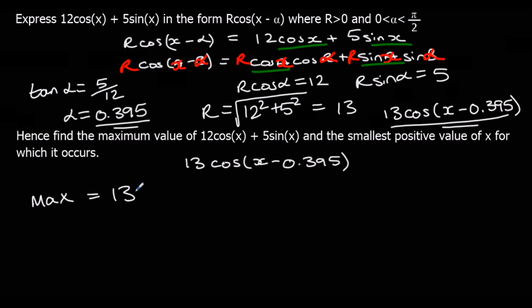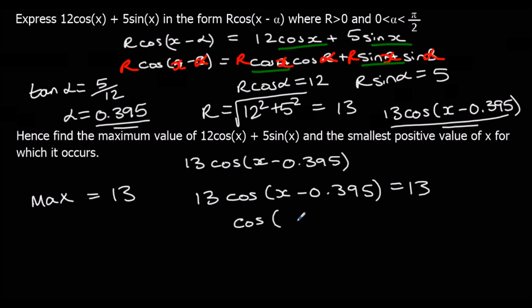And where does it occur? So we want to know where this function, 13 cos x minus 0.395, is equal to 13. So if we divide both sides by 13, where is cos x minus 0.395 equal to 1?